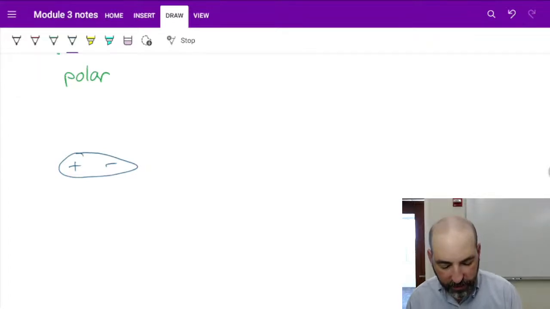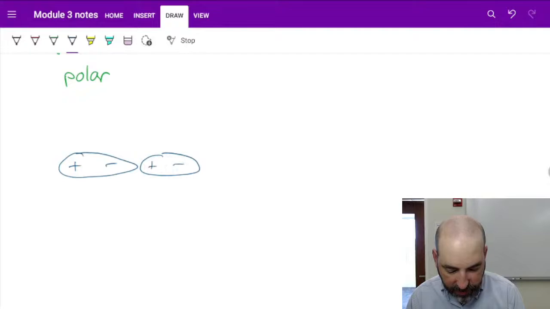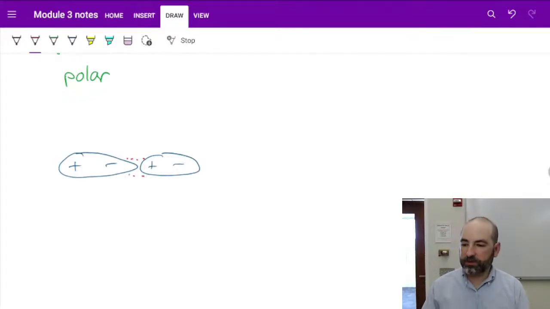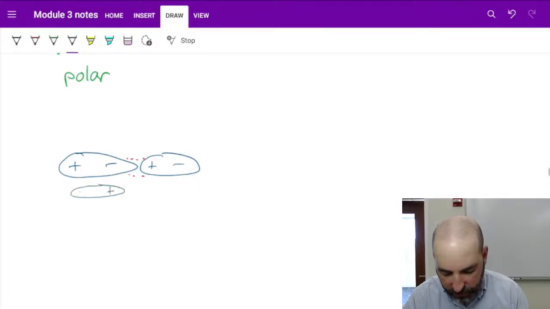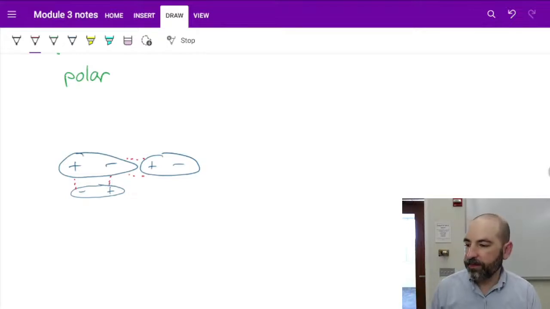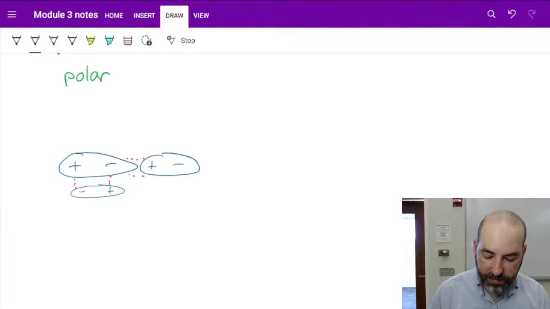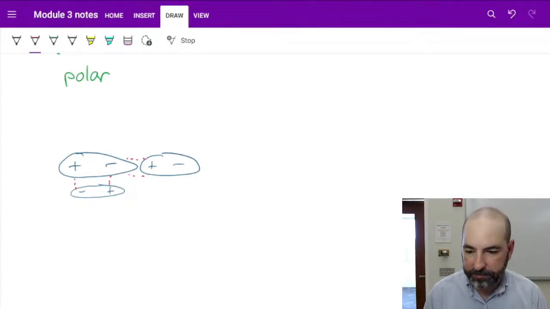Well, that means that another one could line up right behind it with its plus and minus, and there would be some attractive force there. So not like a chemical bond, but it's just pulling each other together. And you could even imagine other ways that these could line up, like opposite each other, like that. And so having this type of polarity allows these molecules to line up with each other.